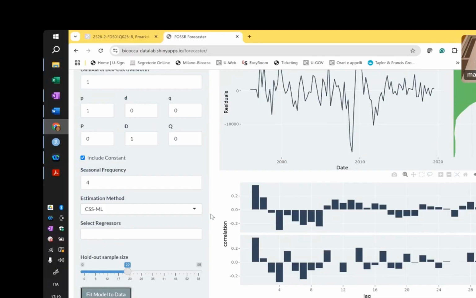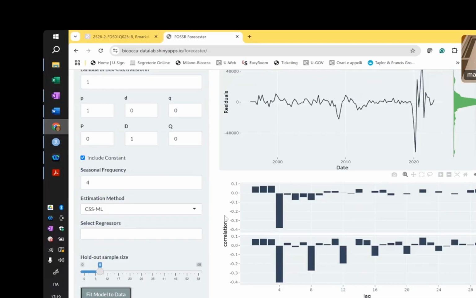Maybe I took out too many observations, so let's leave more observations. It doesn't matter about the COVID. Of course, this is dominating, but anyway, now it's clear. So I went back to a situation which was closer to the first one.